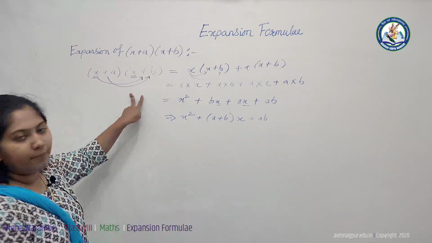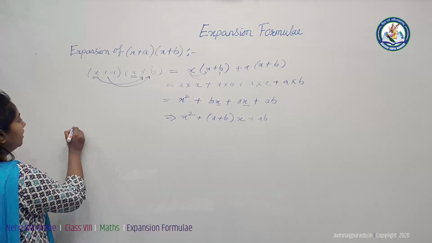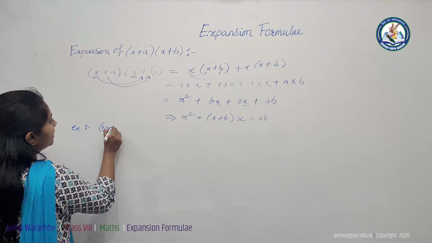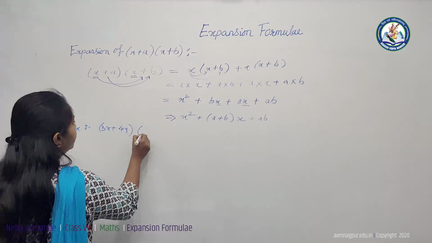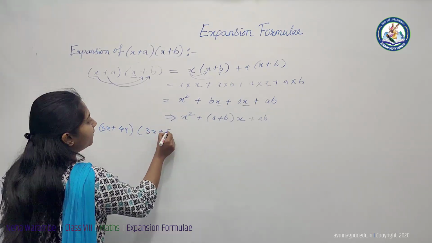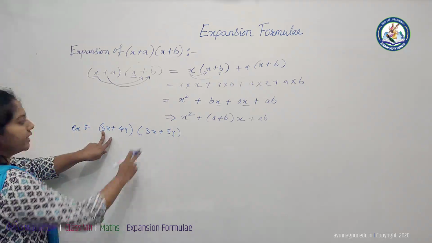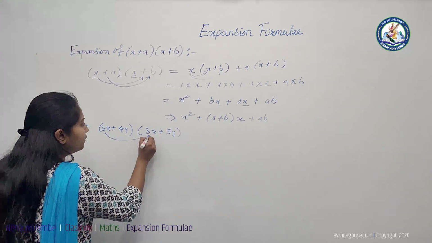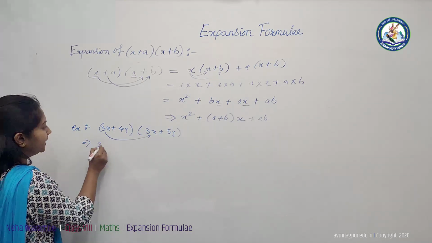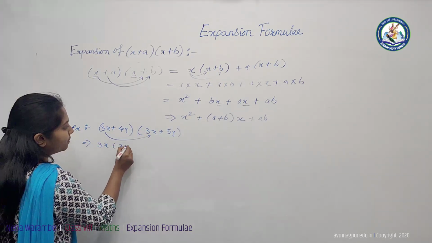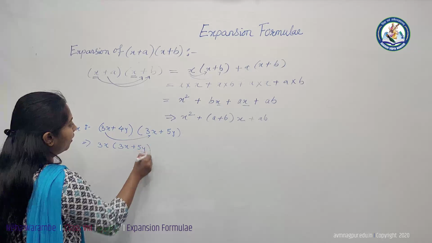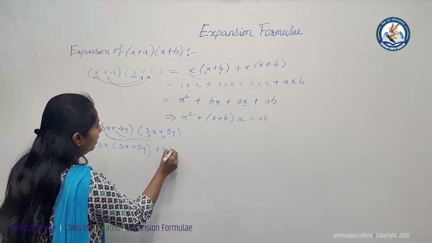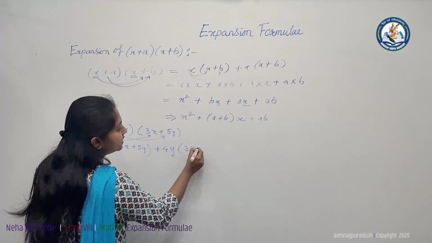Let's see some examples based on this formula. Suppose the first example is (3x + 4y)(3x + 5y). See, this 3x is a common term. Now multiply the first term into the second bracket, that is 3x into (3x + 5y), and this into this bracket means plus 4y into (3x + 5y).